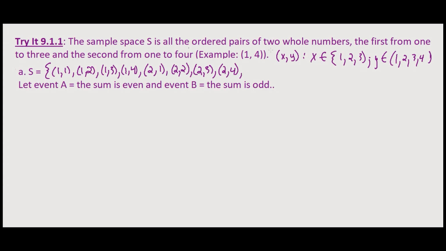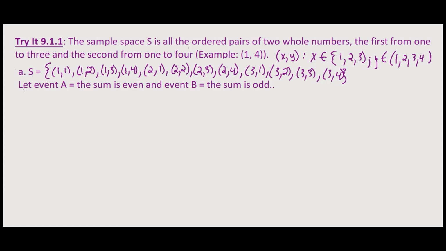And then our last possibility for x is 3, so we have (3, 1), (3, 2), (3, 3), and finally (3, 4). So there is the set of all ordered pairs of two whole numbers, the first one being from 1 to 3 and the second one being from 1 to 4.